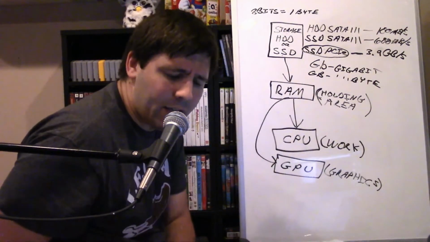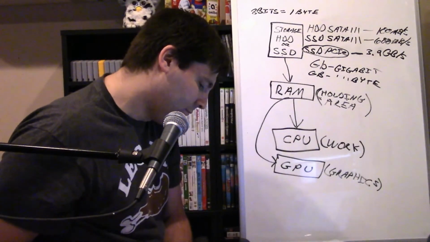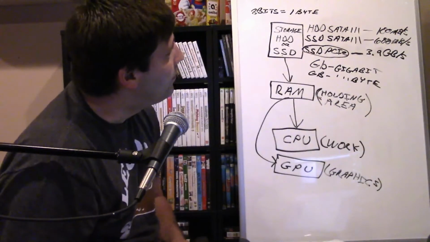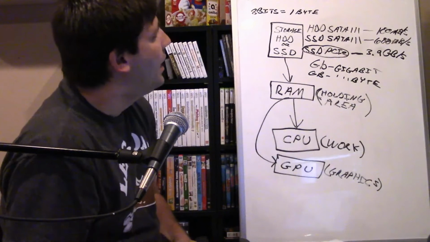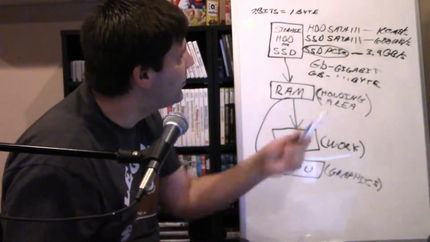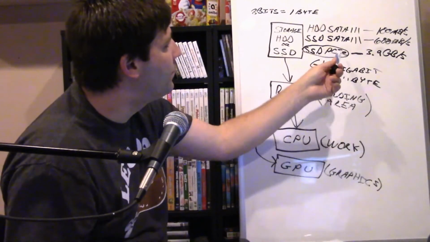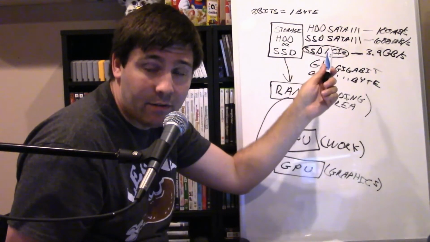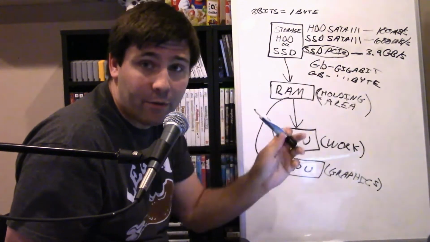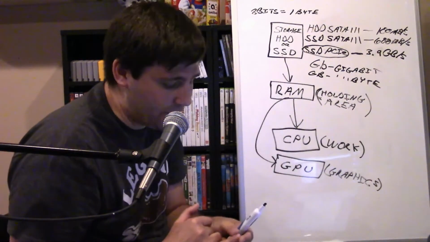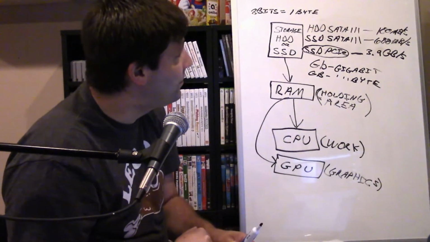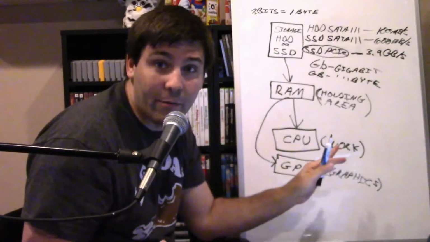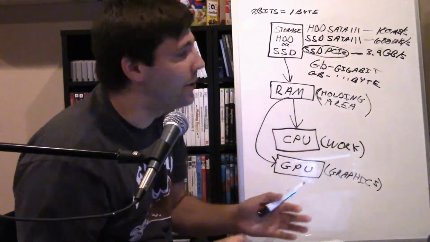I believe it's the 870 Evo from Samsung, the 1 TB. Even though it's significantly slower than this, it still feels a lot faster than my old computer, which just had the standard hard drive hooked up with SATA 3. So even if you're going with this, it's not the end of the world. You're still going to be running pretty fast.